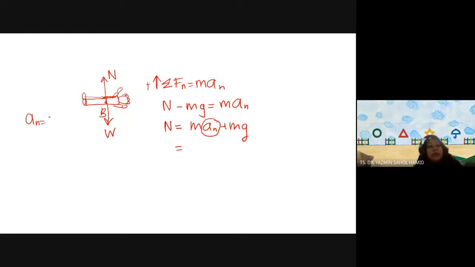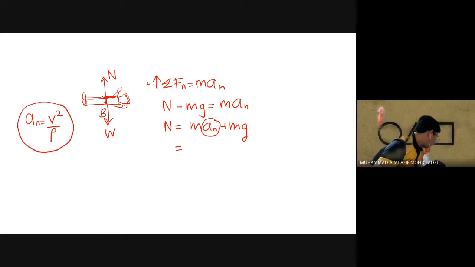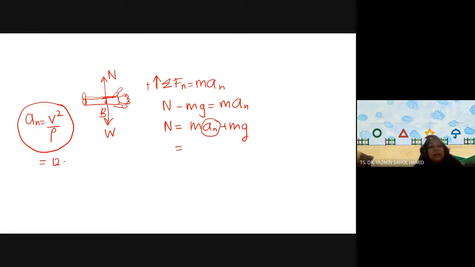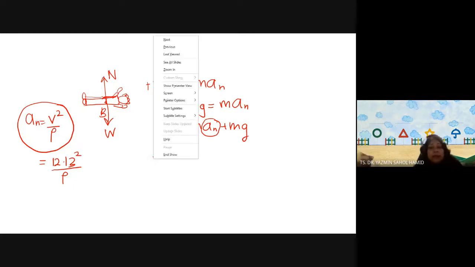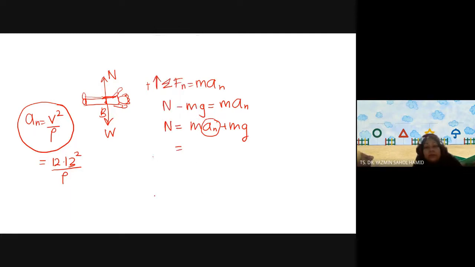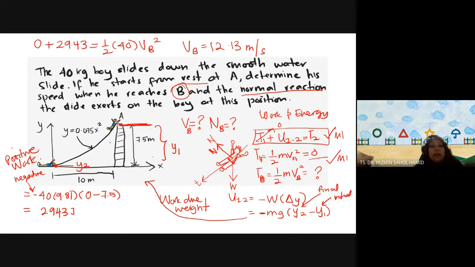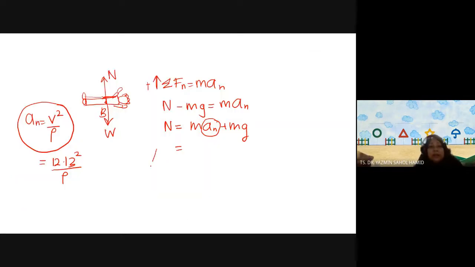So what is a_n? a_n equals to V squared over rho. Do you remember this formula? V we already got earlier, 12.13. So what is our rho? Rho is what we need to find. If you remember, we had this equation earlier representing this curve: y equals to 0.075 x squared.